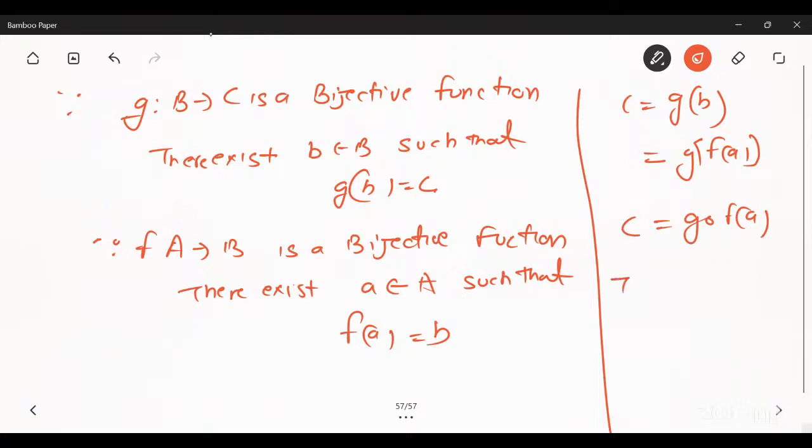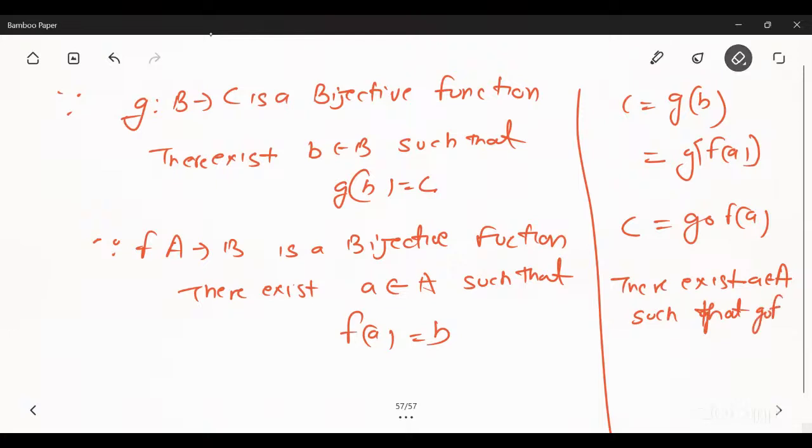That means there exists an element a belongs to A in the domain of g o f such that g o f of a equal to c.